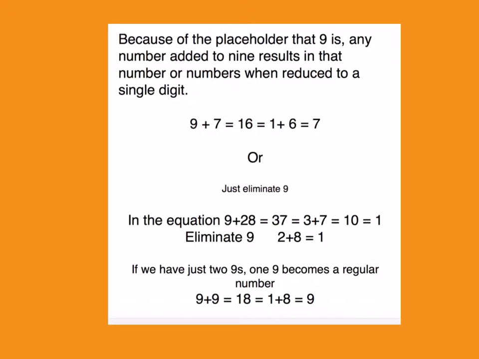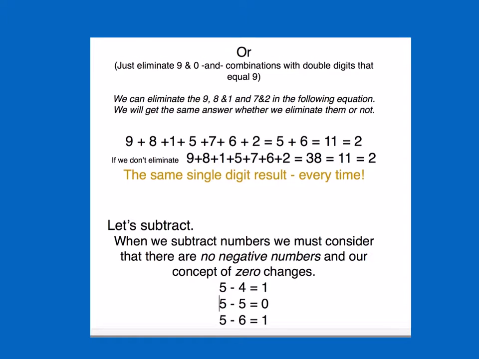Take away the 0, and that's 1. If we eliminate the 9, 2 plus 8 equals 10, which is 1. If we have just one 9, it becomes a regular number in that equation.